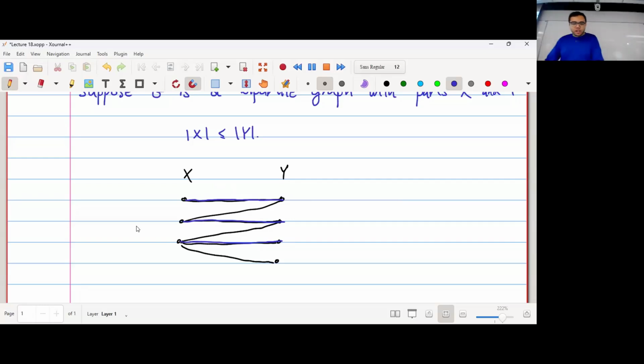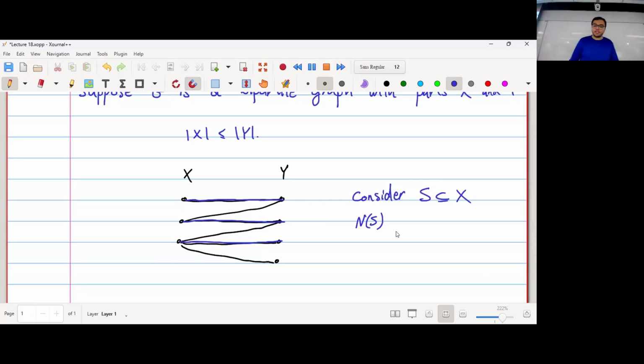Right? If I look at any subset of the vertices of X, so let's consider any subset, let's call it S, a subset of X. And if I look at all the neighbors of S, I write that as N of S, and N of S is basically the set of all the vertices in Y that have an edge to any of the vertices in S. So S is not a single vertex.